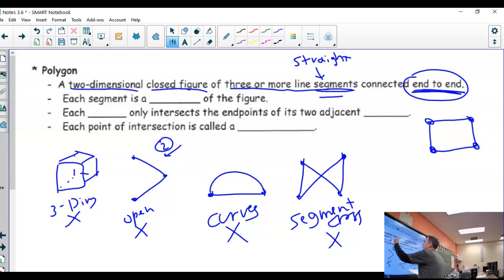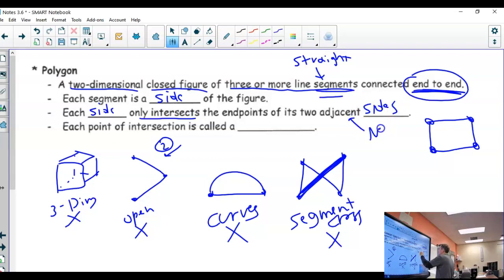Each segment is a side of the figure, right? Down here, this would not be a side of the figure, for one thing. And each side only intersects the endpoints of 2 adjacent sides. Adjacent means next to.